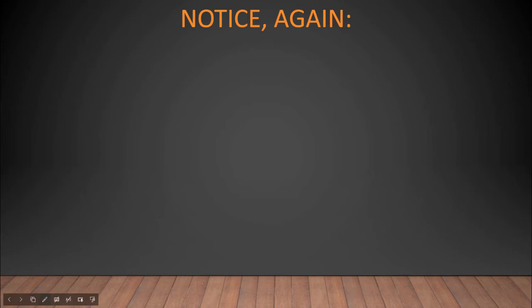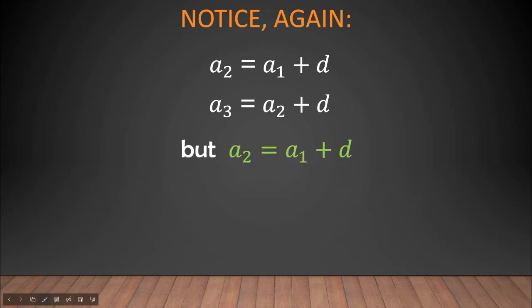Now notice again that a sub 2 is equal to a sub 1 plus d. A sub 3 is equal to a sub 2 plus d. But a sub 2 is equal to a sub 1 plus d. Thus, a sub 3 will be equal to a sub 1 plus d plus d.